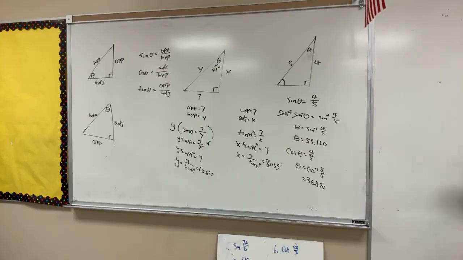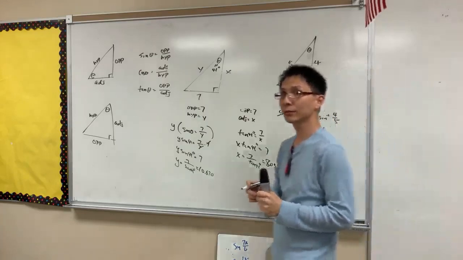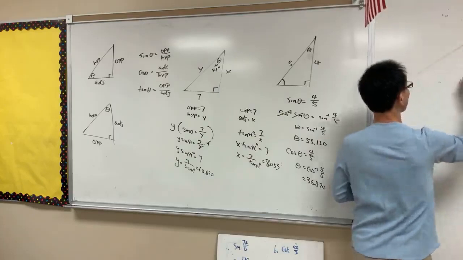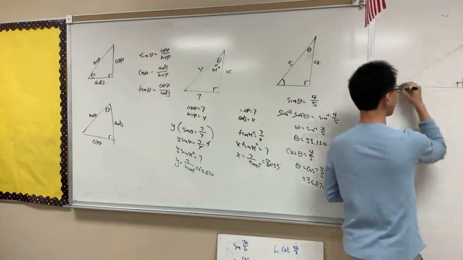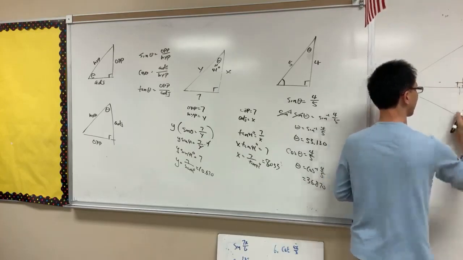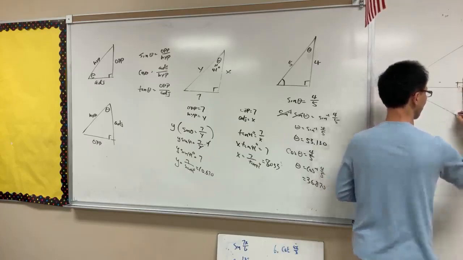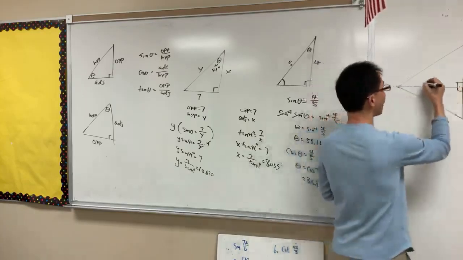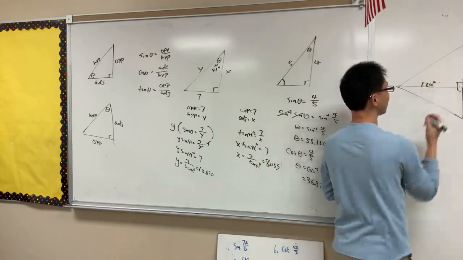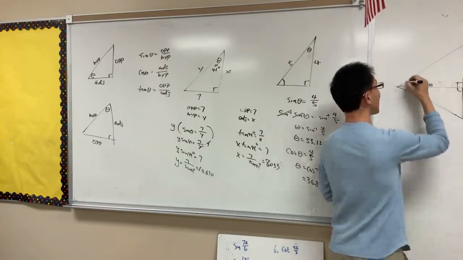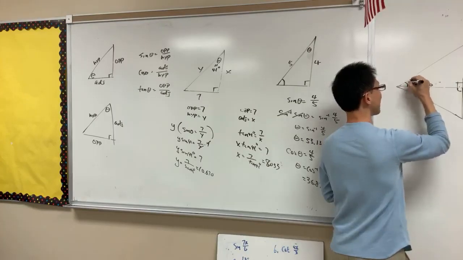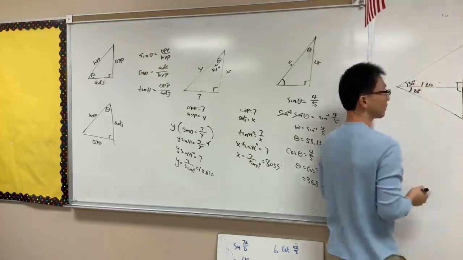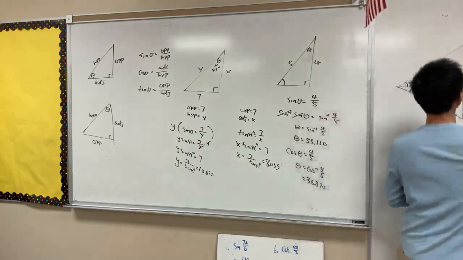Okay, Andrea, have you worked on any question yet? What we're going to do is work on this question. I'm going to draw it. This is 90 degrees. This side is 120, this angle is, let's say, 30 degrees, and this other angle is 20 degrees. I want to figure out the x.